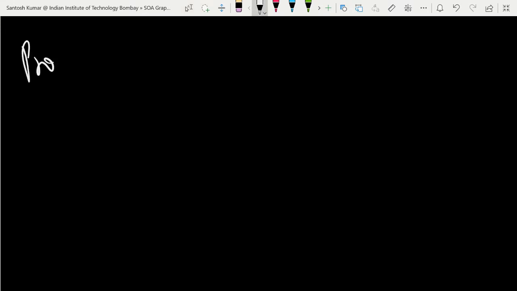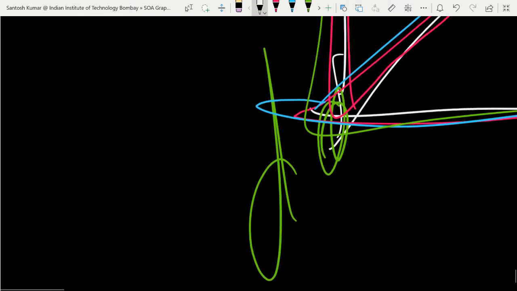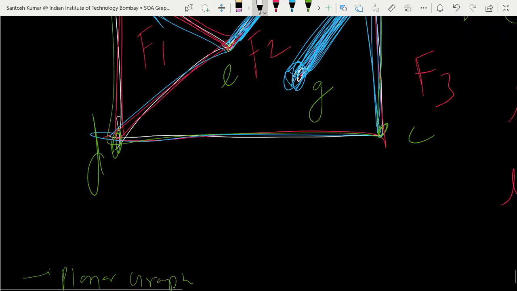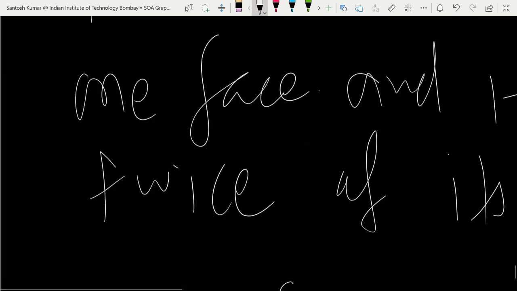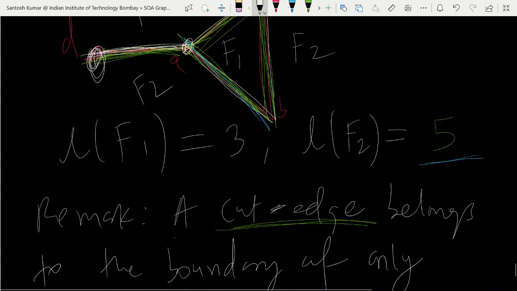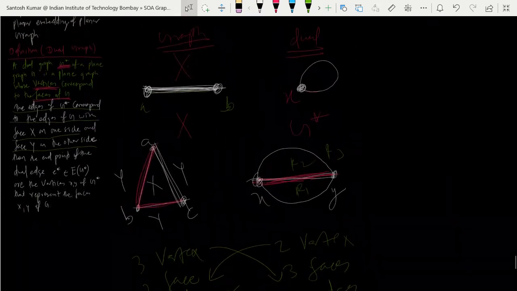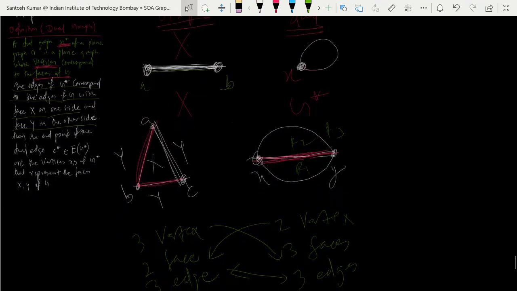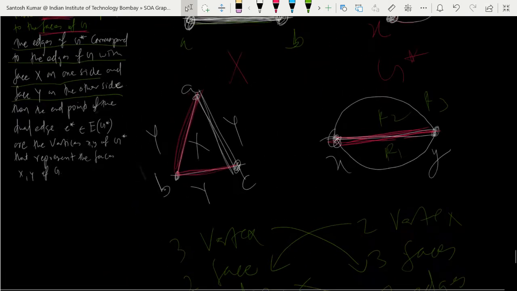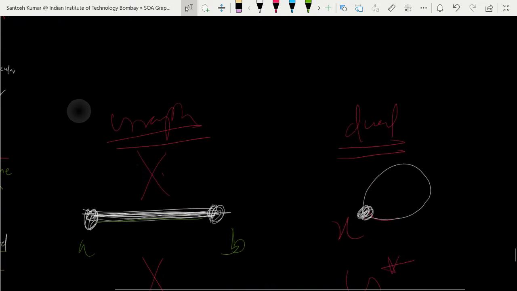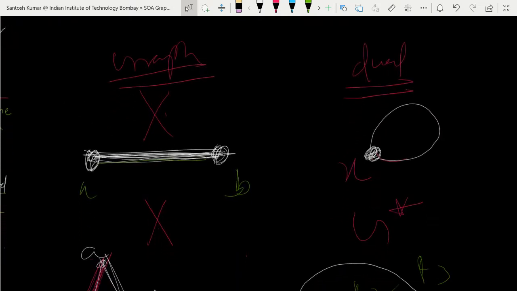So, proposition. I will start. In the last class, we have seen the length of a face, so let's notice a few things. You see the number of edges in any graph.